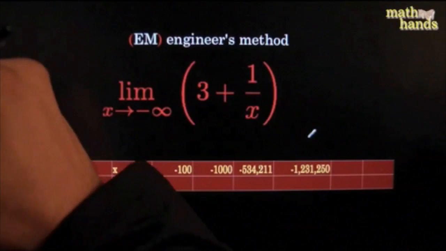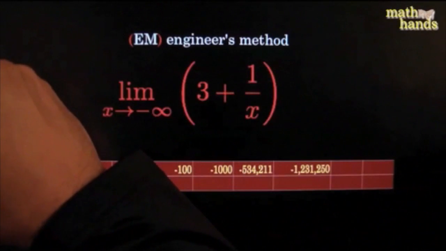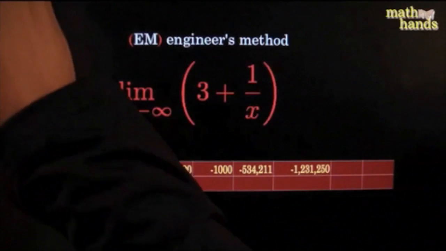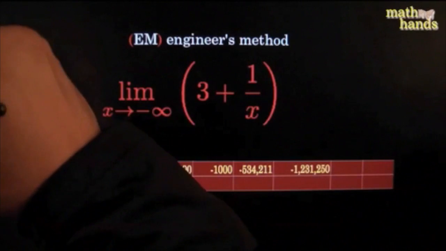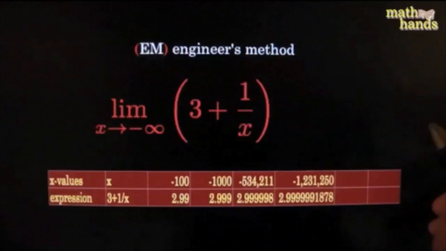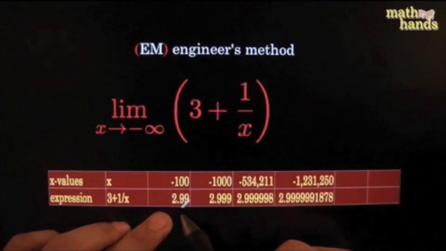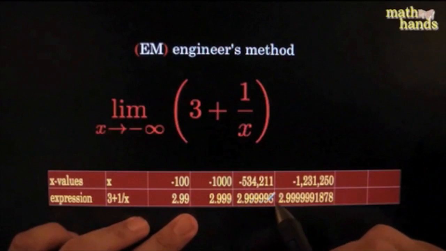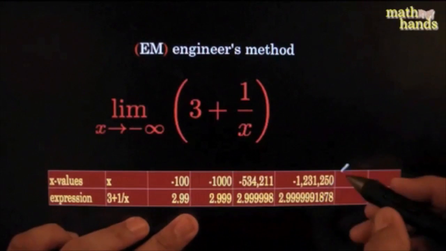So I did some computations here, and I got 2.999, 2.99, 2.9999999, 2.9999.